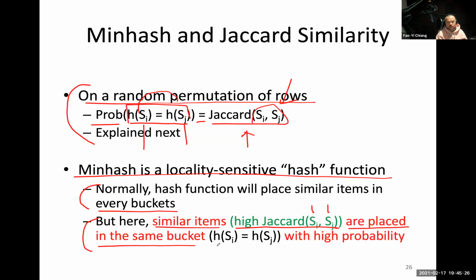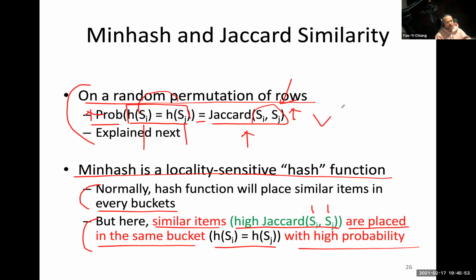The same buckets means their hash results are the same. If their hash results are different, that means they're in different buckets. They will be placed in the same bucket with high probability. Okay, great. So if Jaccard similarity is high, then the probability of these two things being in the same bucket will be high. Okay, so looks good.